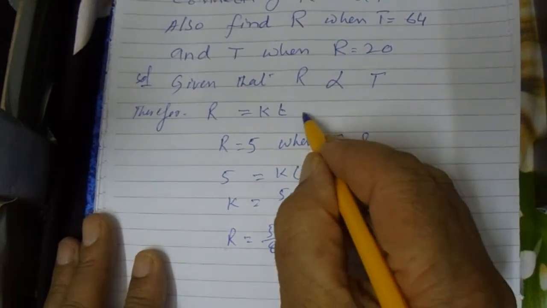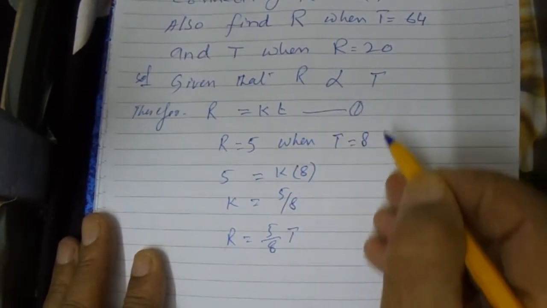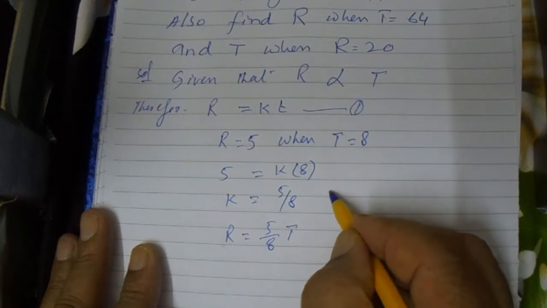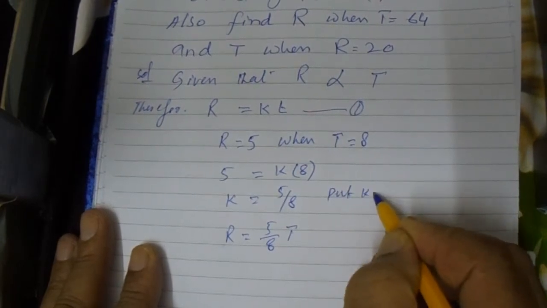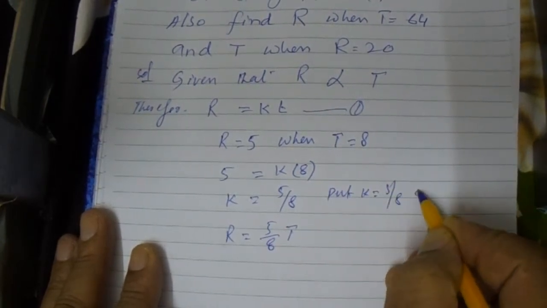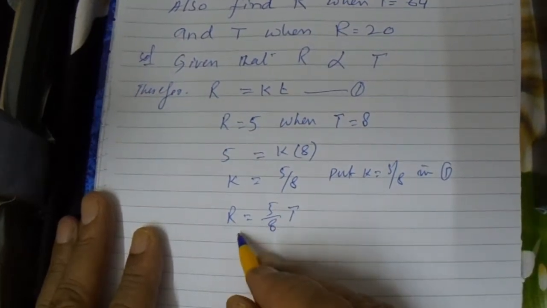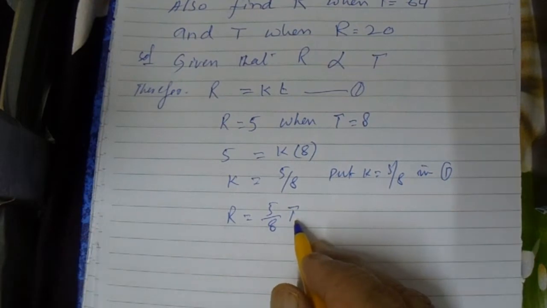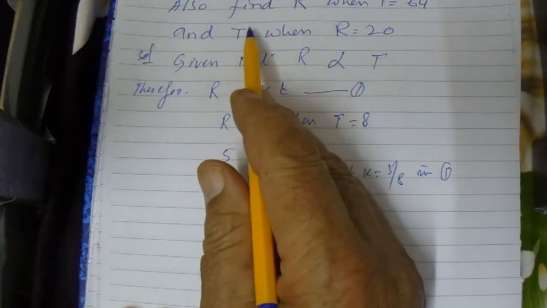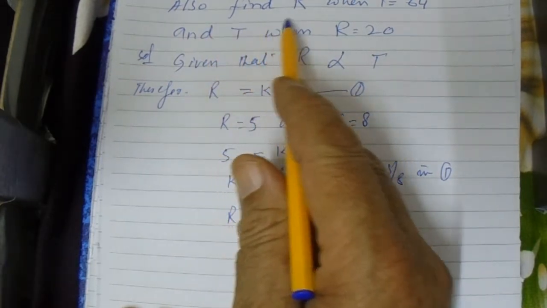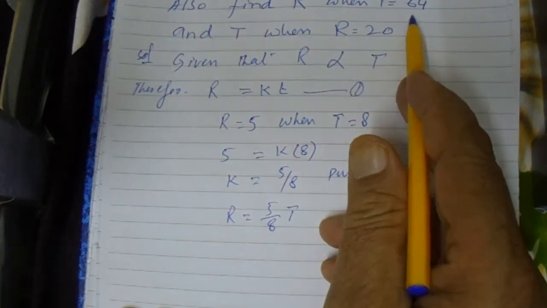Now put this value, k is equal to 5 by 8, and we get r in terms of t. We also find r when t is equal to 64.